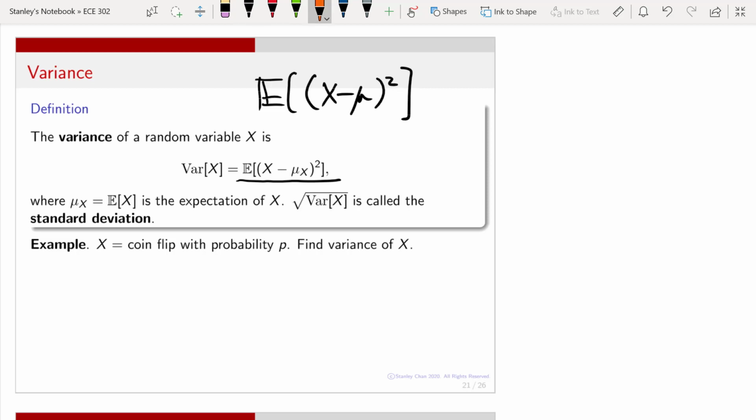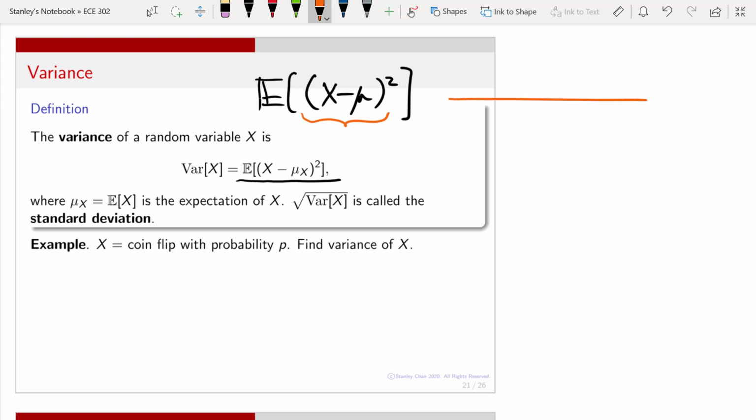It is called a variance because this term is the deviation of your random variable x from the center, which is the mean. Taking the square eliminates the plus and negative signs, so you are measuring the squared deviation magnitude. If you then take the expectation, you eliminate all the randomness in x. That gives you a deterministic number, and that measures the spread of a random variable.